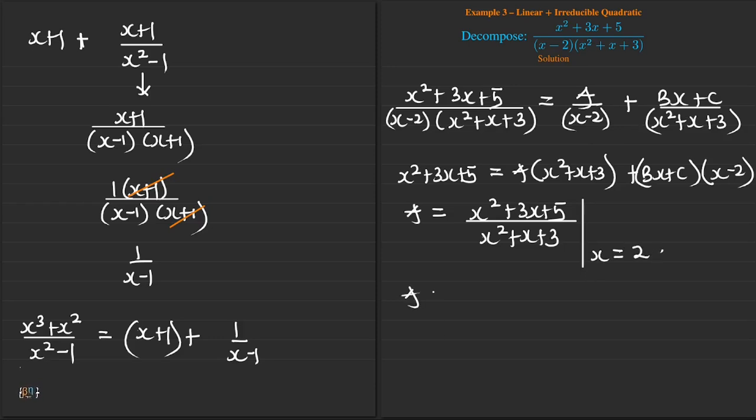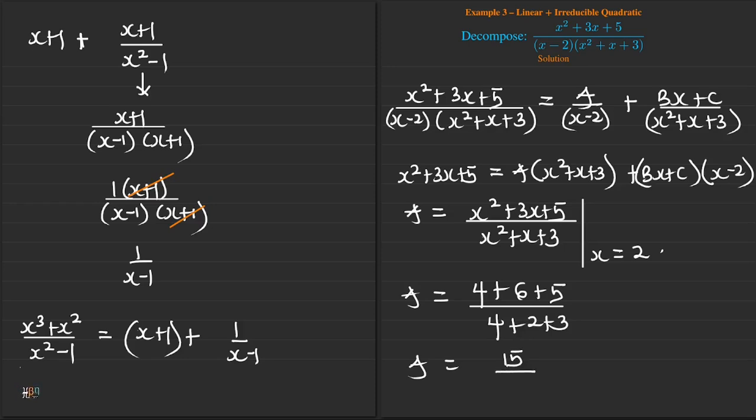Substituting to solve for a, we have our a which is equal to 2 squared, which gives us a 4, then plus 3 times 2, which gives us a 6, and then plus a 5, all over 2 squared as well gives us a 4, then plus a 2 plus a 3. 4 plus 6 is a 10, 10 plus 5, we have a 15.